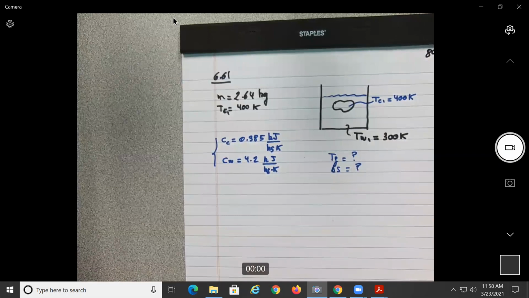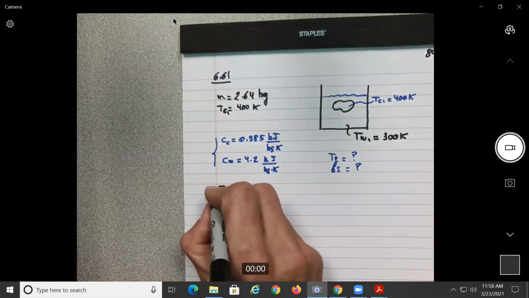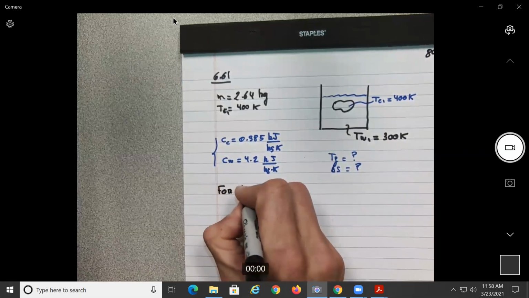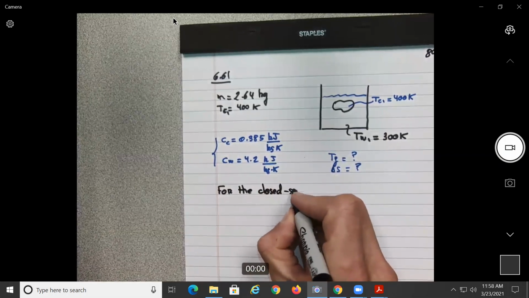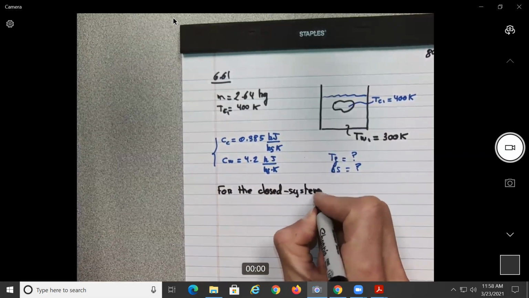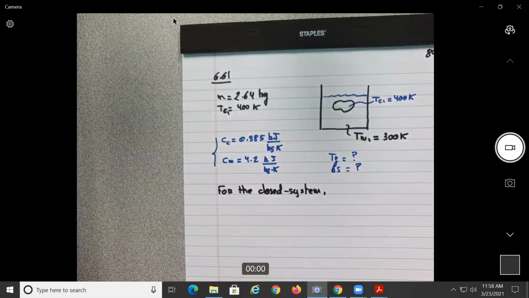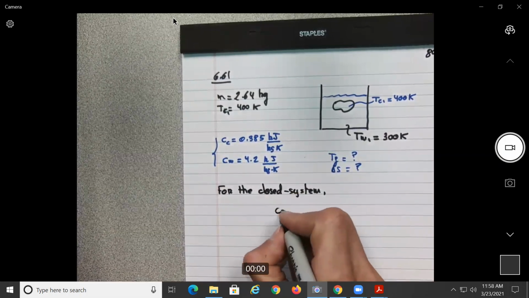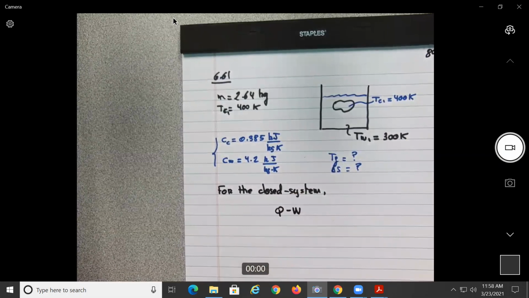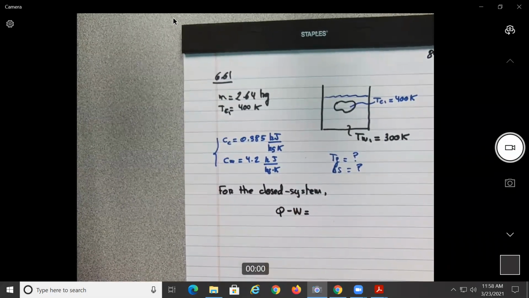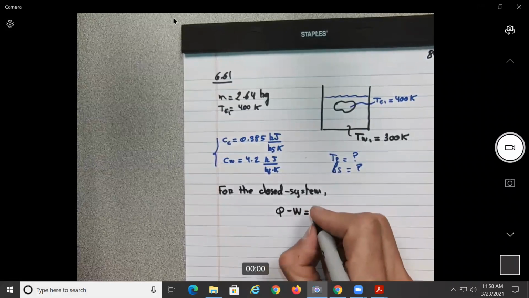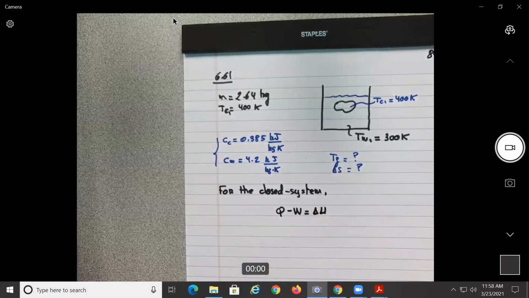No, so if the mass is not changing, that is a closed system, okay? So for the closed system, we can write the first law of thermodynamics, which will be what? Heat minus work, in this case, if we neglect kinetic and potential energy, should be equal to the change in internal energy.